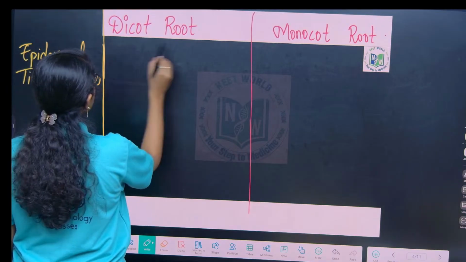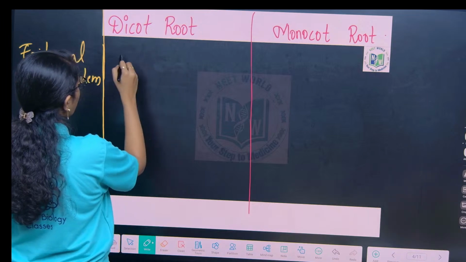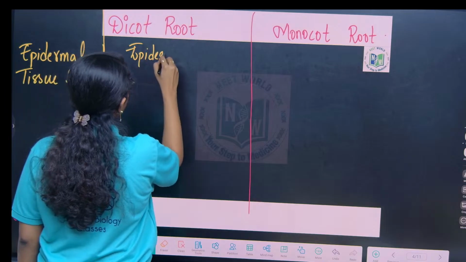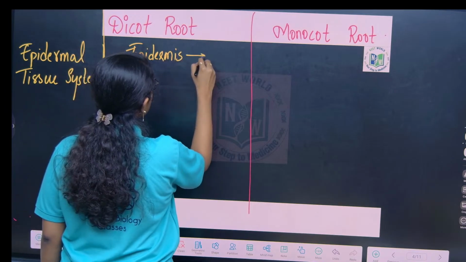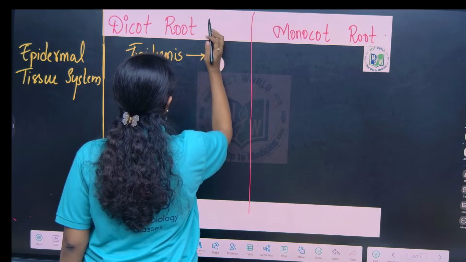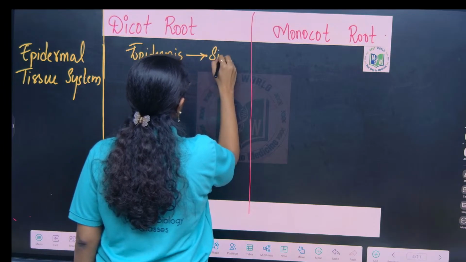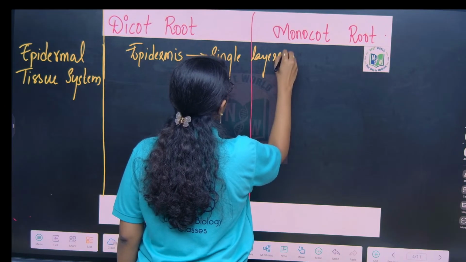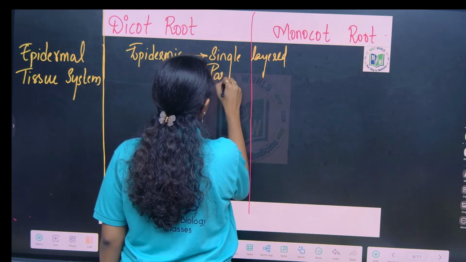In the epidermal tissue system of both dicot and monocot root, what is present? Epidermis. Wherein what is absent? Is it single layered or many layered? Single layered, and it is parenchymatous.